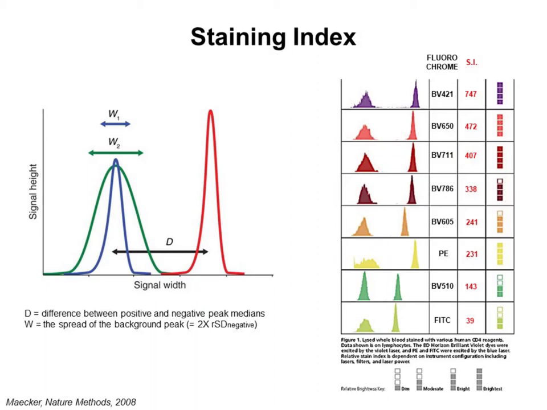And you see on the right side some examples of staining index that were reported for some of the fluorochromes that have been tested. So you can have a very good idea of your staining index. You must test it for your equipment beforehand to have a better understanding of what you can afford and where you may end up with issues.